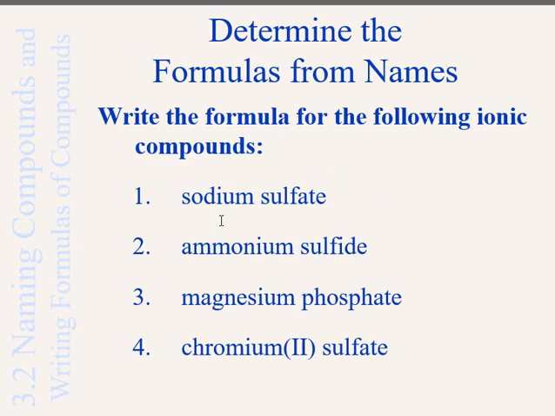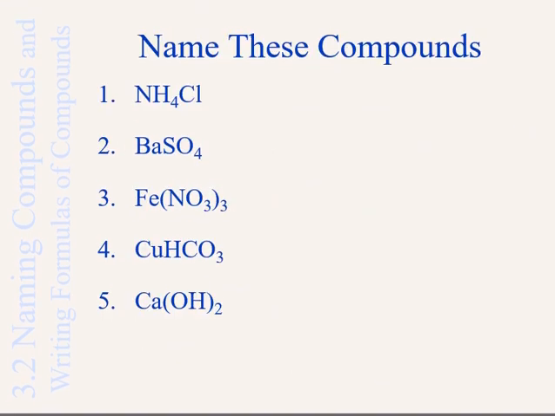Sodium sulfate. Now we have a name. Can we come up with the formula? I asked you to memorize sulfate, and sulfate is SO4 with a what charge? 2 minus charge. Let's go to the table of polyatomic ions and have a look.